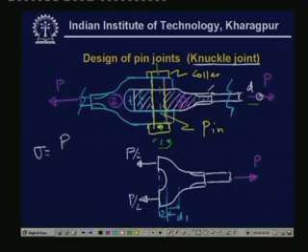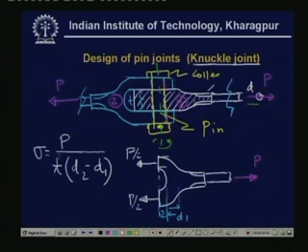divided by the total area. Area is T, T is the thickness, times this distance, which is equal to d2 minus d1.